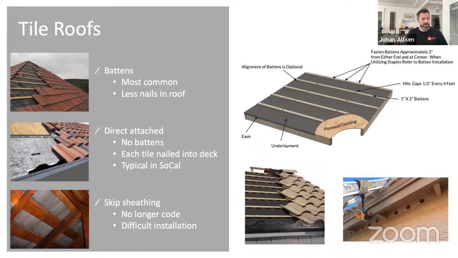They changed the codes to mandate solid decking, solid sheathing, and then some type of underlayment, as we mentioned, and then the tiles. The reason being is that when you have skip sheathing, the tiles prove to not be so waterproof, and water and debris would eventually work its way in, and it became a problem for water intrusion.